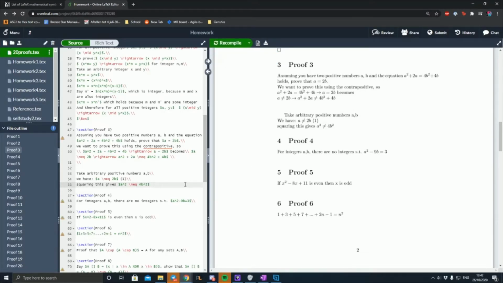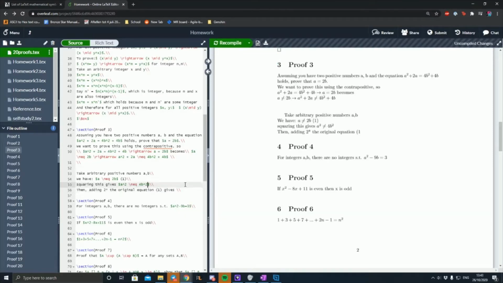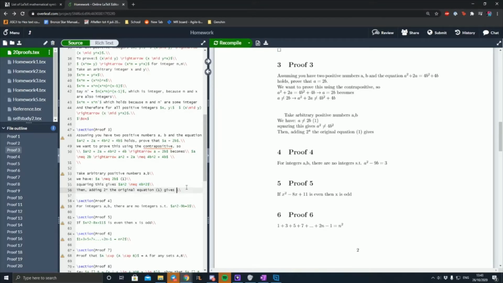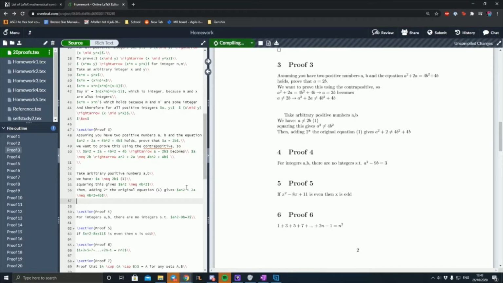Okay. Then adding 2 times the original equation 1 gives plus 4b plus 2a, which is what we wanted to get to.